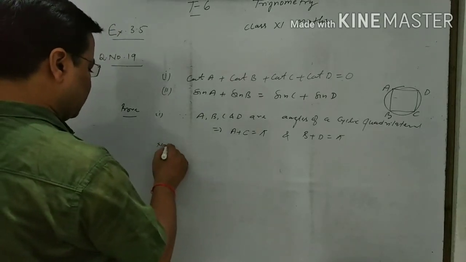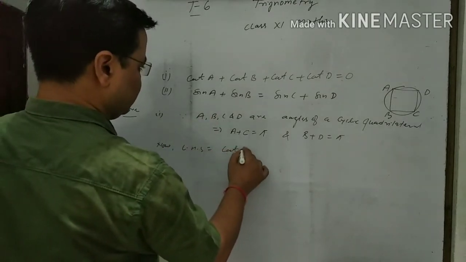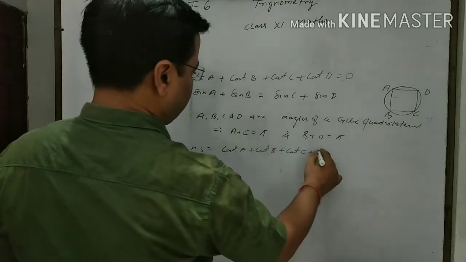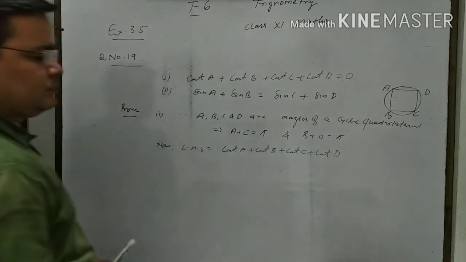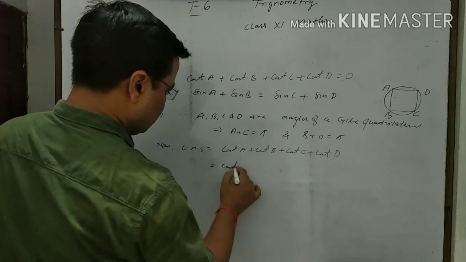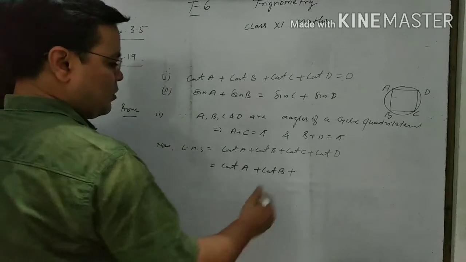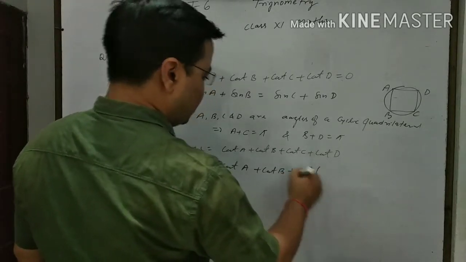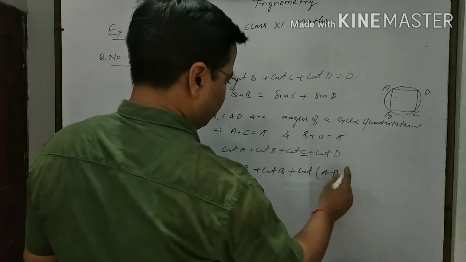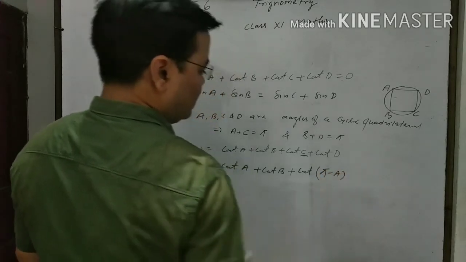Now what is the left hand side? Cot A plus cot B plus cot C plus cot D. Now here, cot A plus cot B plus cot. At the place of C we can write pi minus A. Why?